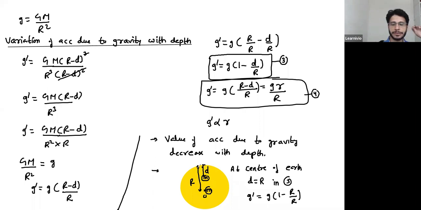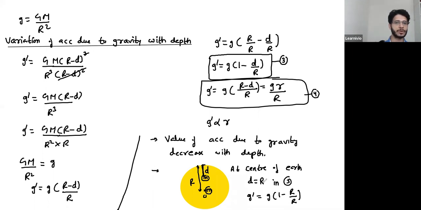Yes, Fatma. See, if I place this mass m inside the surface of Earth here, then from the surface of Earth to this mass, this separation is the depth. If I place the mass m exactly at the center of the Earth, then the depth will be equal to the radius of Earth, right?